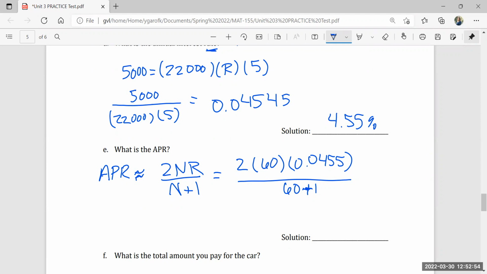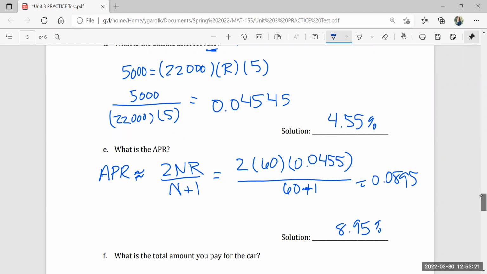And it is going to tell us that our effective interest rate is somewhere around 0.0895. So that's going to be around 8.95% or so, which, as we can see, is a lot higher than that annual rate.